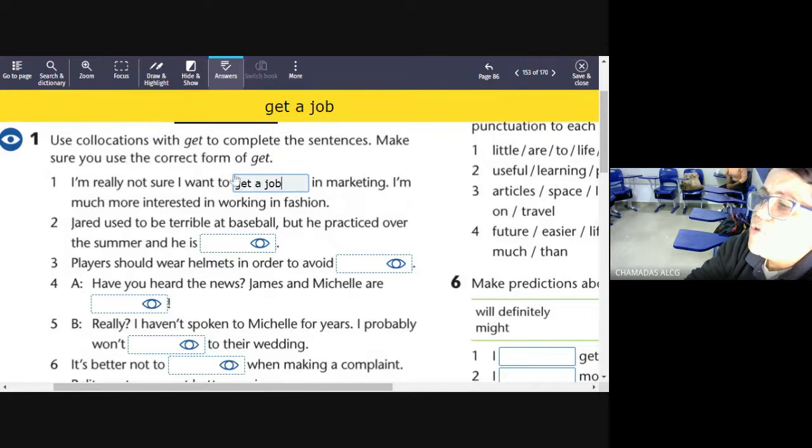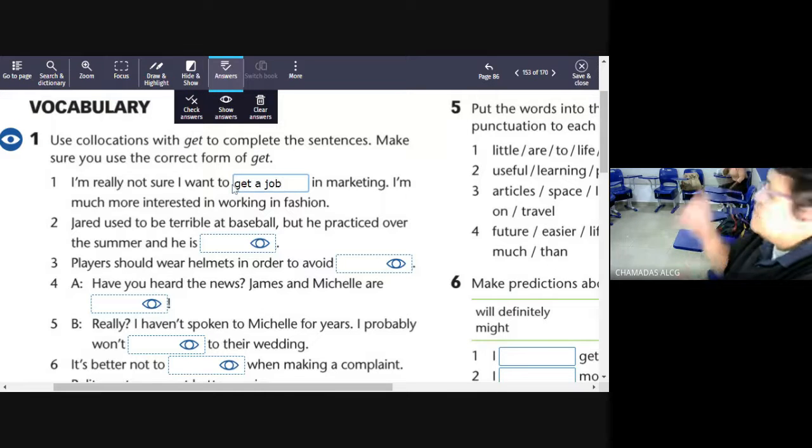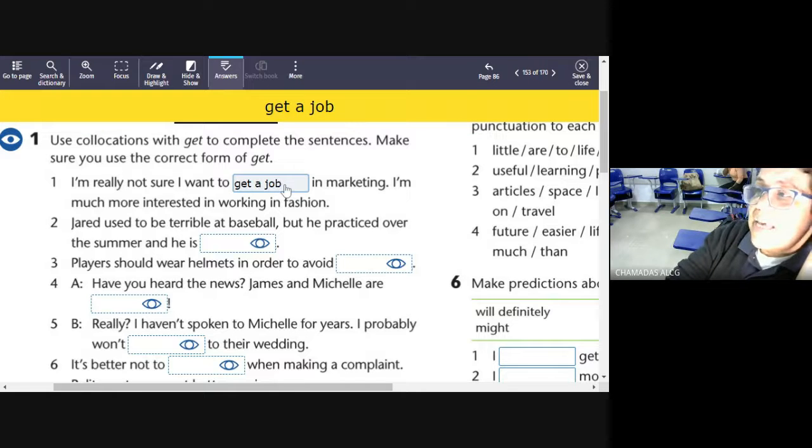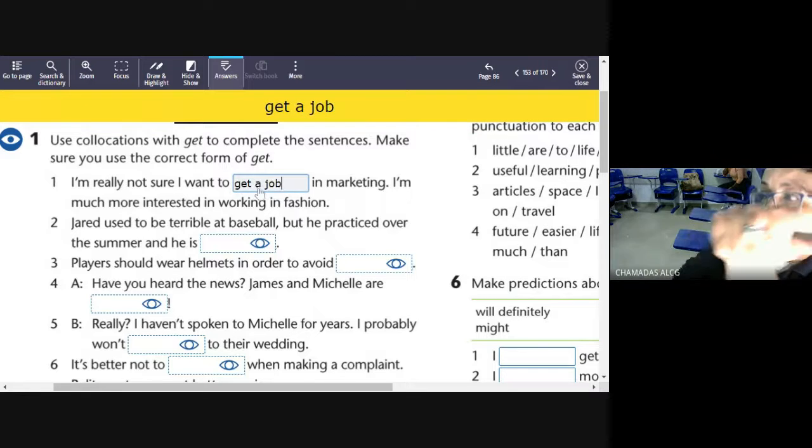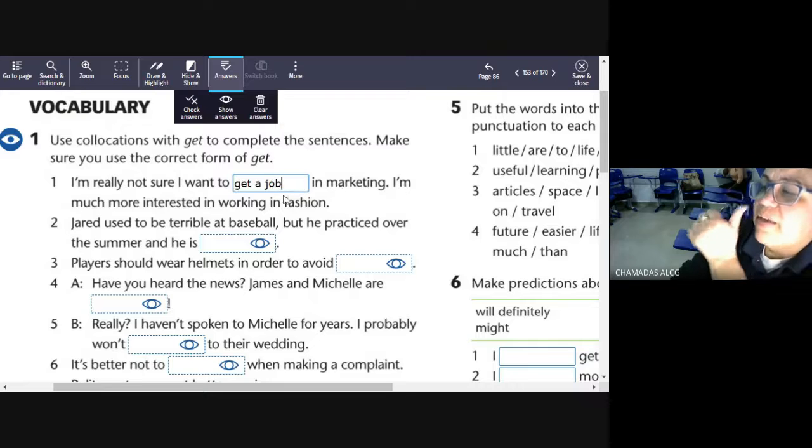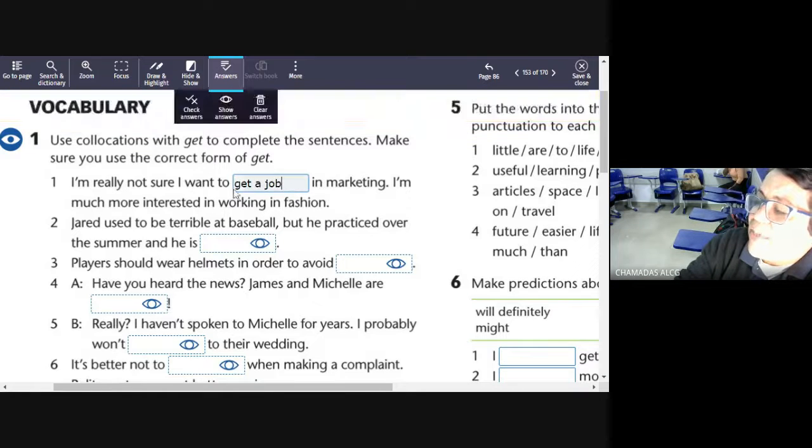So we need to use the verb plus. Yes, that's okay. No problem. Because it has to do with the lesson. So I want to get a job in marketing. Okay. If we put only get here, the preposition would be slightly different. It would be getting to marketing. It would be better, right? But that's okay. So I want to get a job in marketing. It has to do with jobs, careers, right?